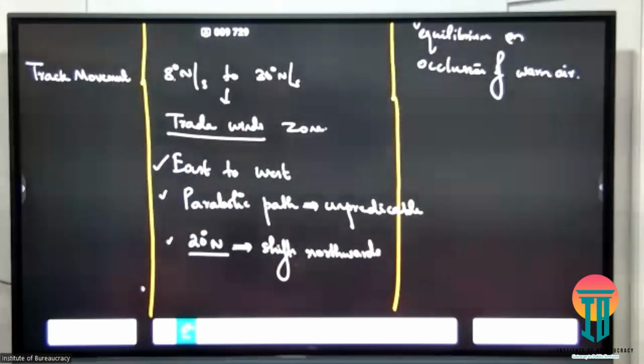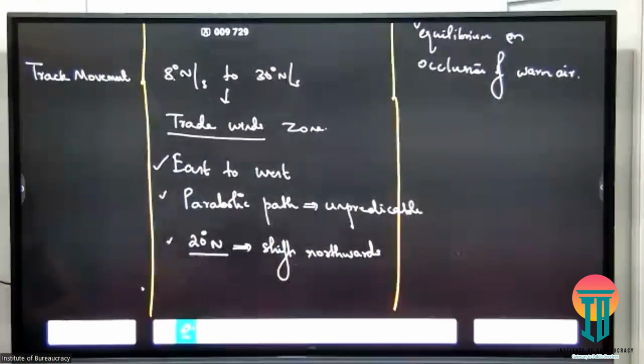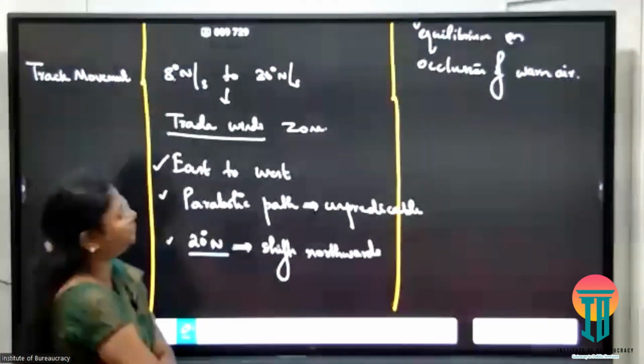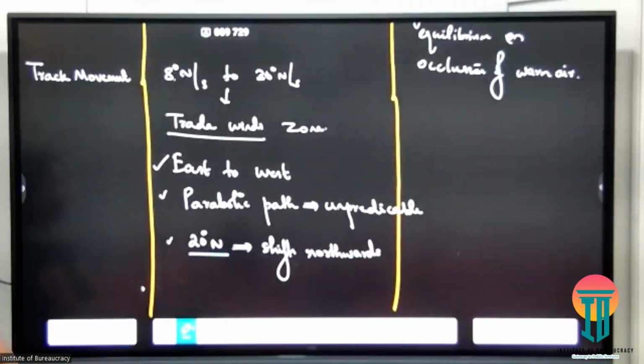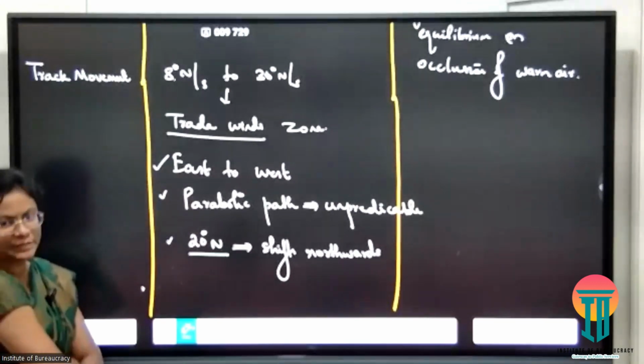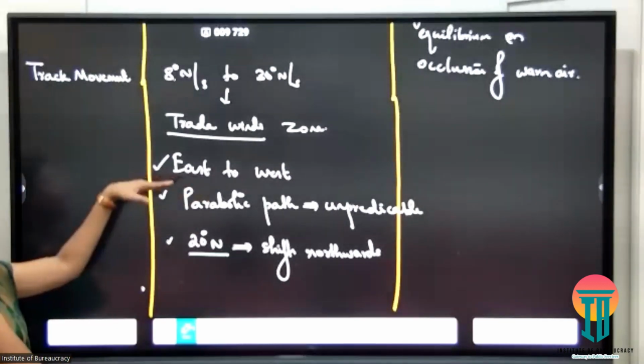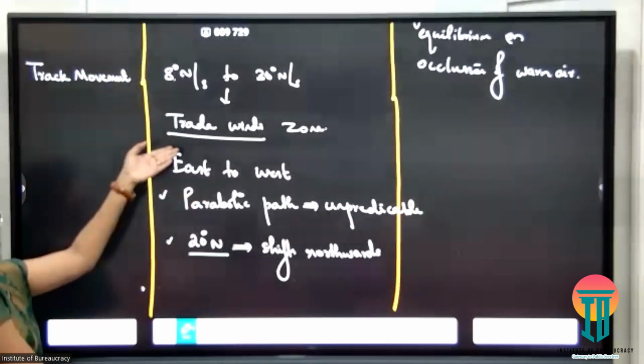Okay, very unpredictable path followed by tropical cyclones. But generally, என்ன direction எழுதலாம்? East to west எழுதலாம். GS வரைக்கும் இது okay. East to west because it falls under your trade wind zone.